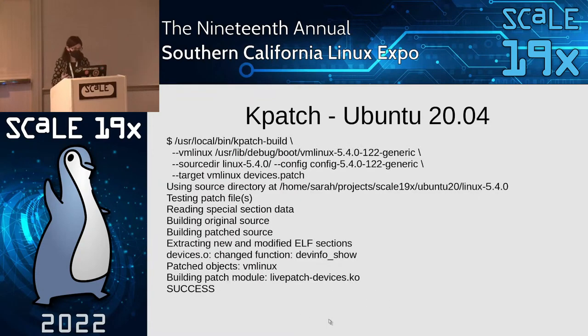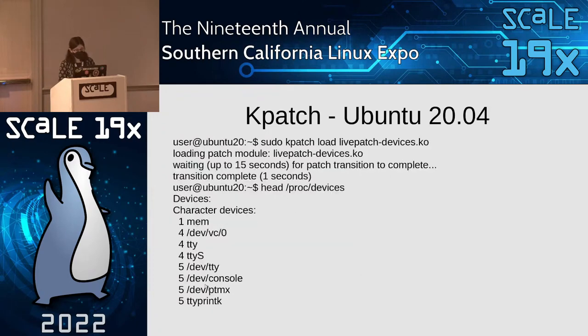Having fixed that, I was able to generate a live patch successfully, so this is very similar to the Zen build process, and was able to load it. It loads as a normal Linux module. It waits up to 15 seconds for the transition to complete, and it is patched.